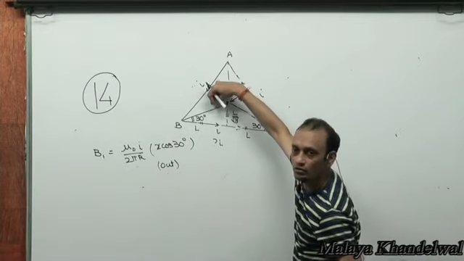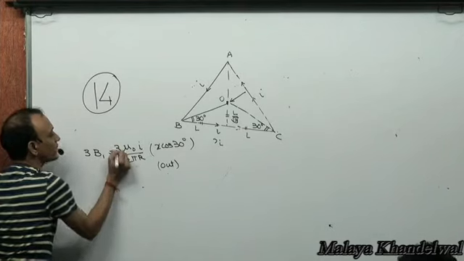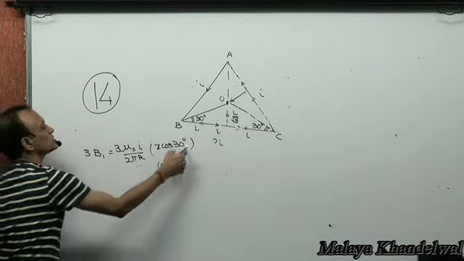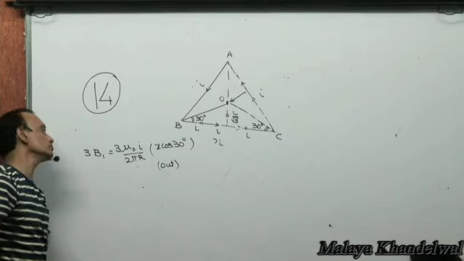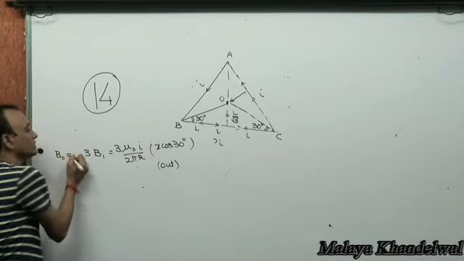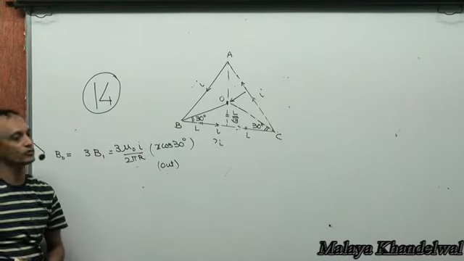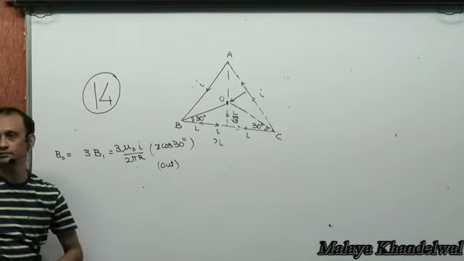Same magnitude at O. So the total magnetic field will be 3 times this at O. Cos 30 degrees you can replace by root 3 by 2, and that will give me the total magnetic field at O, 3 times B1. Three times the magnetic field because of one side will give me the total magnetic field at O. Yes or no? Right?